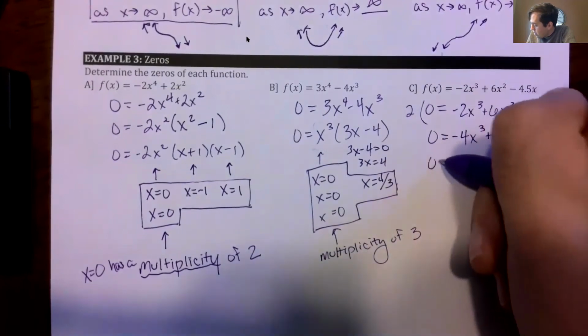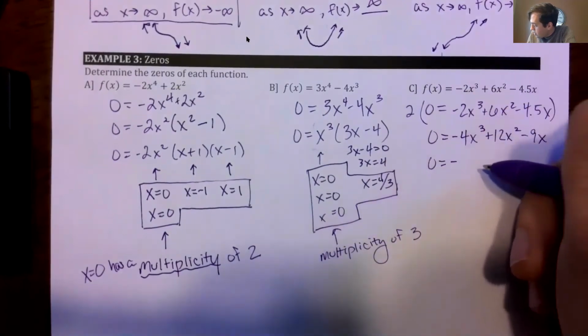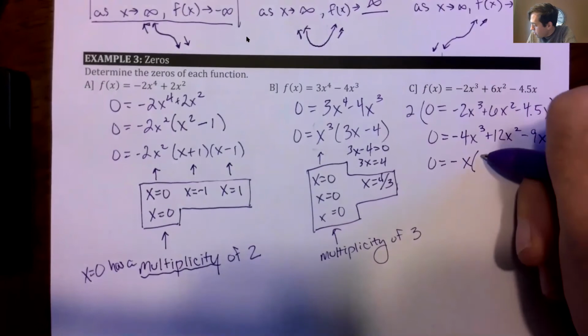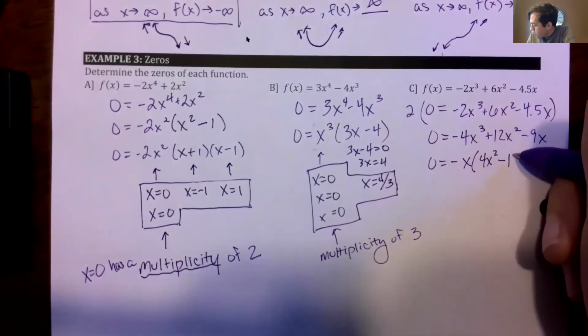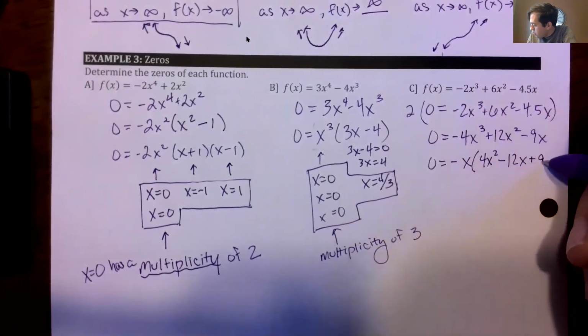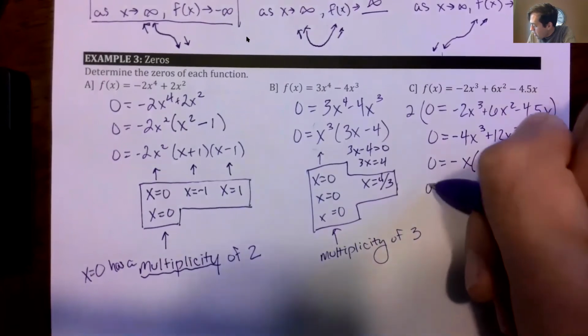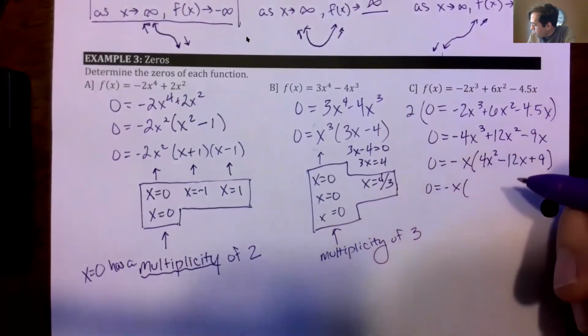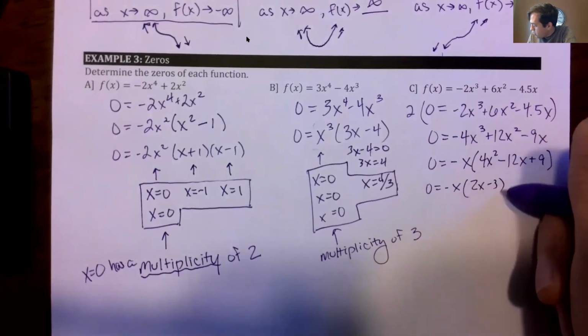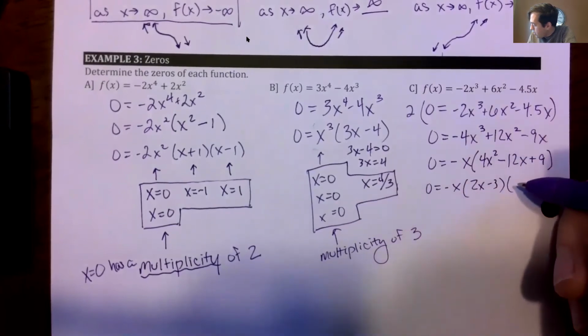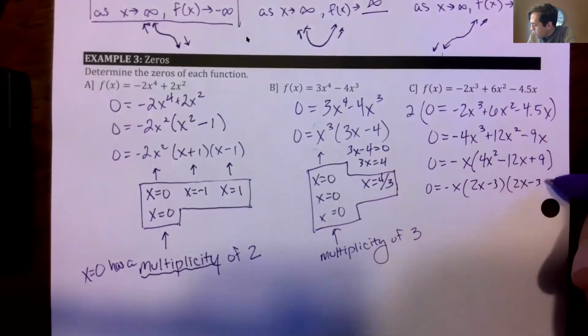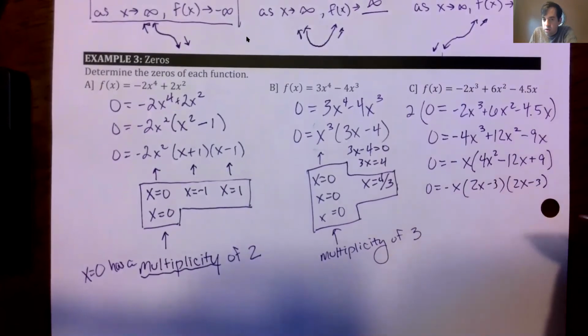I'm going to factor out a negative x, and I'm left with 4x squared minus 12x plus 9. And that factors into 2x minus 3 and 2x minus 3. Okay, so that's fully factored.